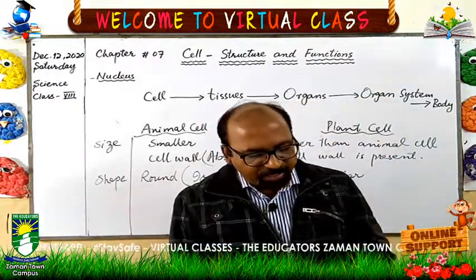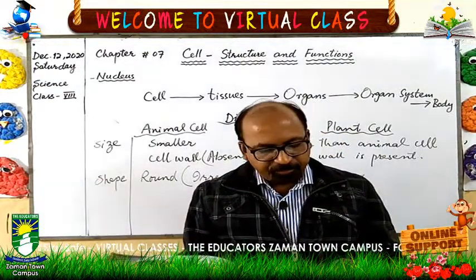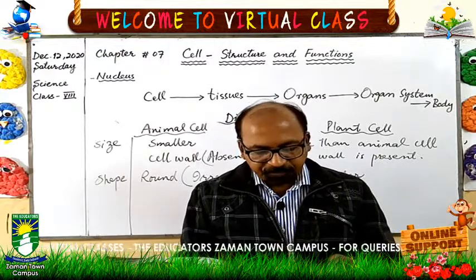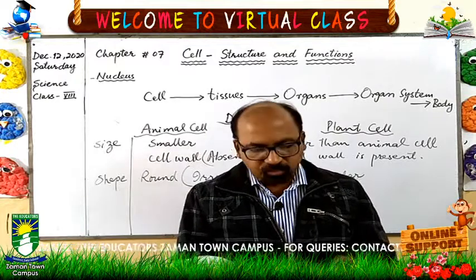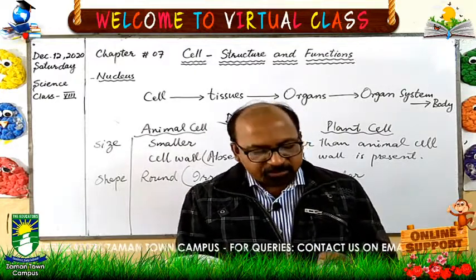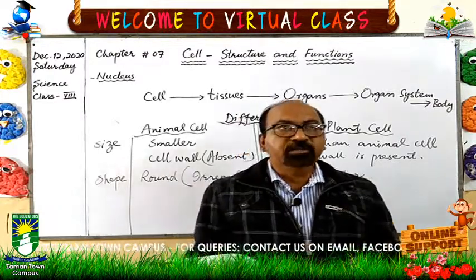Now match the column. Cell membrane maintains the shape of the cell. Cell wall provides mechanical strength to the plant cell. Lysosomes are suicidal bags, and mitochondria are called the powerhouse of the cell.